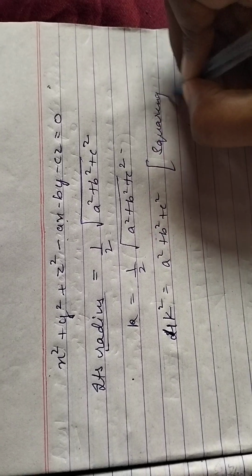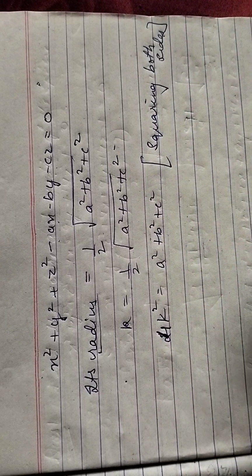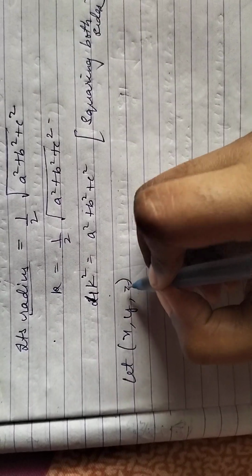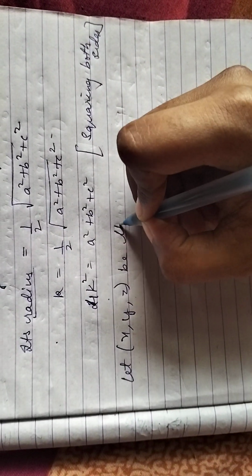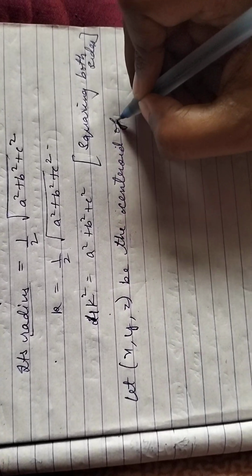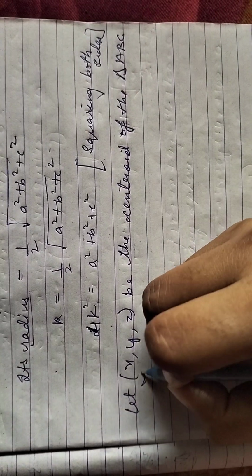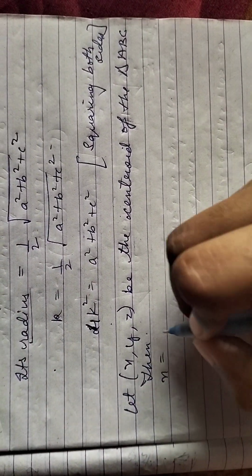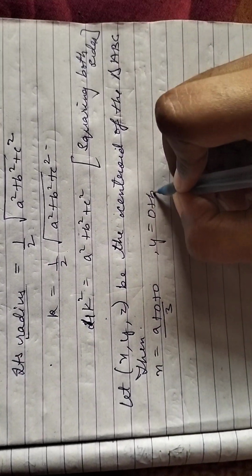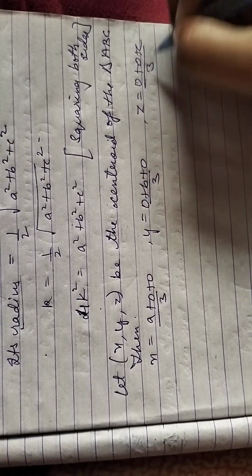Squaring both sides. Now let x comma y comma z be the centroid of the triangle ABC, then x is equals to a plus 0 plus 0 by 3, y is equals to 0 plus b plus 0 by 3, z is equals to 0 plus 0 plus c by 3.